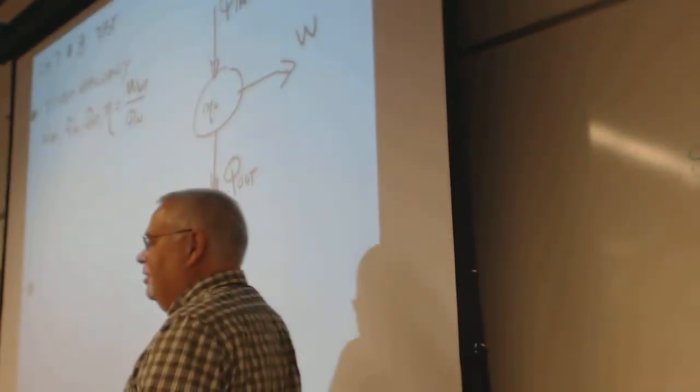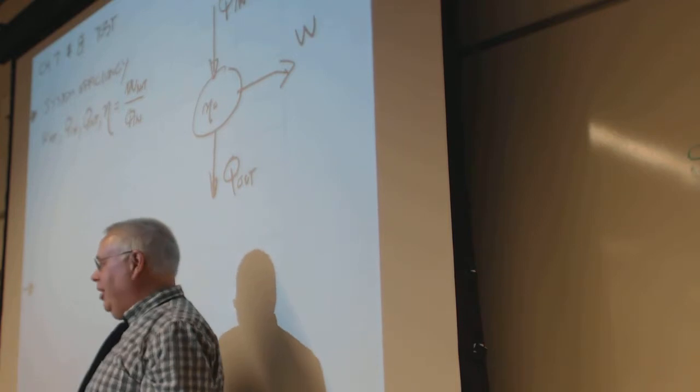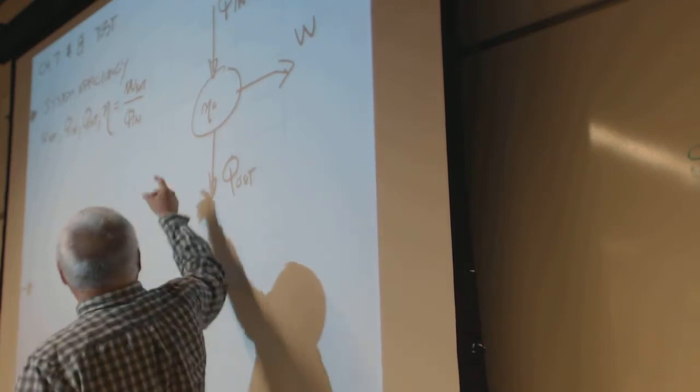Not Q out. That's your exhaust. Unless a hot exhaust pipe is what you want in your car, then you would measure your efficiency on how hot the exhaust got. But usually it's about going down the road. You don't care about the exhaust really. So that's the net work.